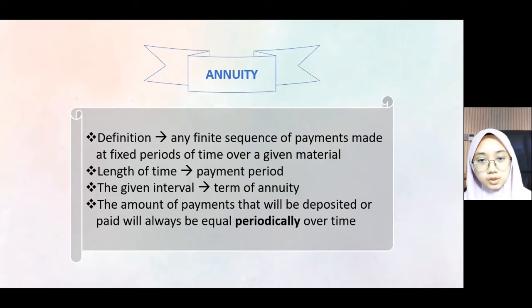The period of time in the topic of annuity will always be fixed, and the payments or savings that occur will always be equal at every period of time. The amount of payments that will be deposited or paid will always be equal periodically over time.